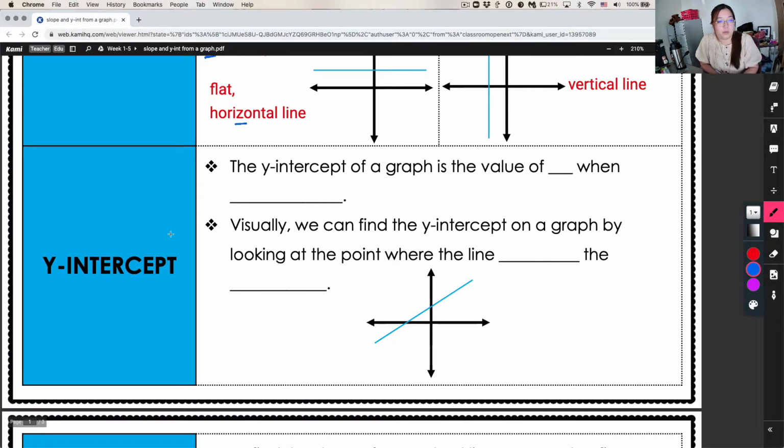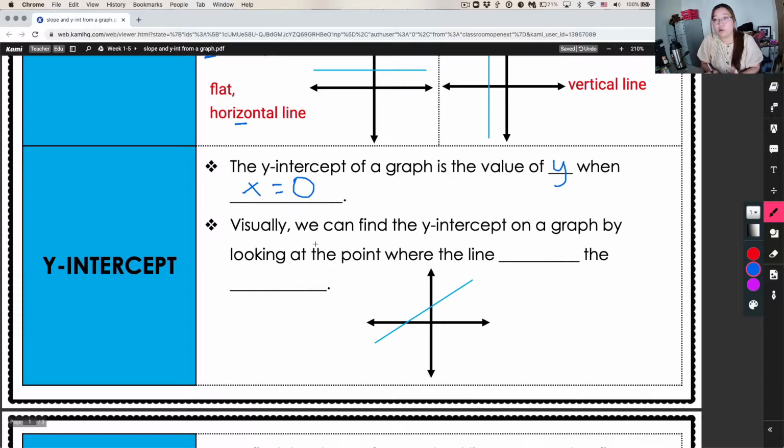So, now we're going to move on and talk about the y-intercept. Luckily, that one is a lot easier to figure out. The y-intercept of a graph is the value of y when x equals 0. Okay, so it answers the question: when x is 0, what is y? That answer is our y-intercept.